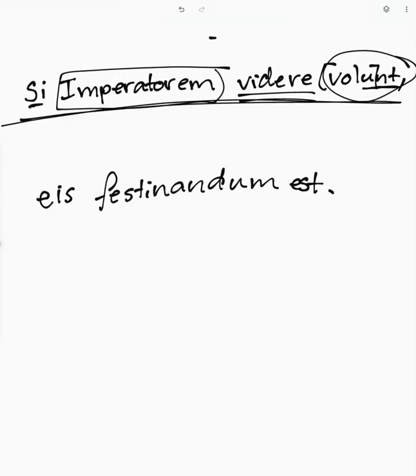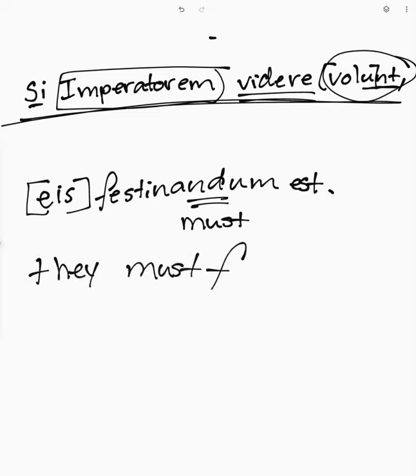Then we have this next clause, eis festinandum est. ND letting me know it's a gerundive, translating it as must. My dative of obligation, meaning they, it translates to they must flee. And then I can pretend the S doesn't exist because this sort of construction doesn't require you to put it into English. So if they wish to see the emperor, they must flee.